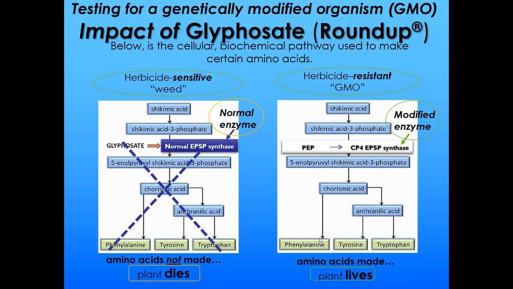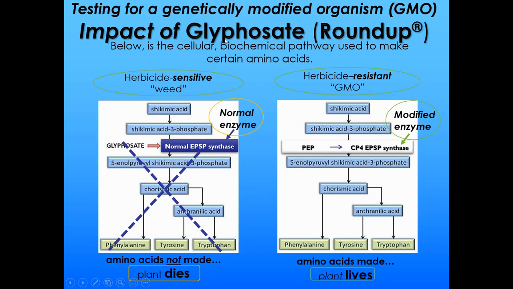Now, the test we're doing for nucleic acid is actually specifically a test for the presence of GMO. And the way glyphosate works is normally when you have a plant, they need a way to make the amino acids phenylalanine, tyrosine, and tryptophan.